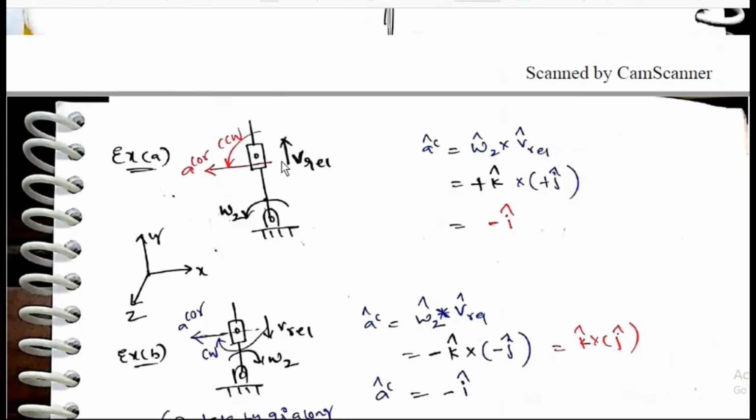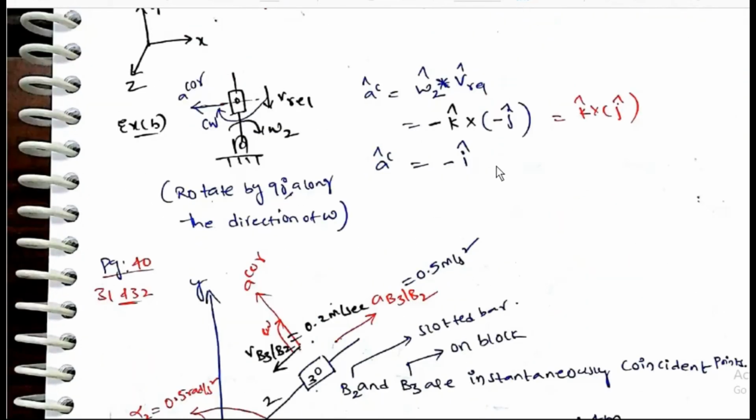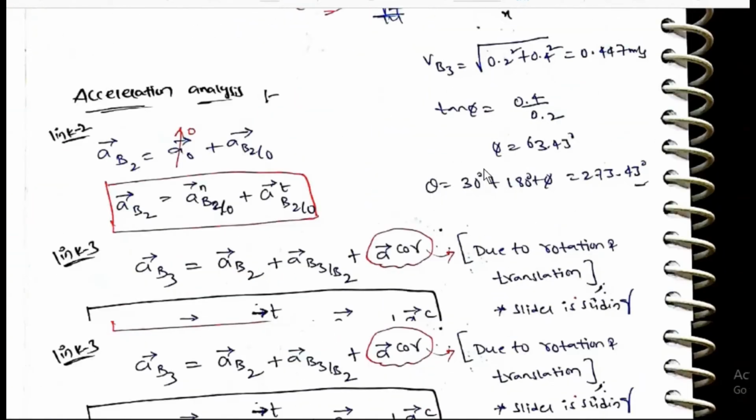Example: V relative is in this direction, omega 2 is in this direction, then the Coriolis component will be V bar rotated by 90 degrees about omega 2 bar. Or we can directly write plus K cap cross, plus K J I cap minus I cap. Okay, so we can get all this.